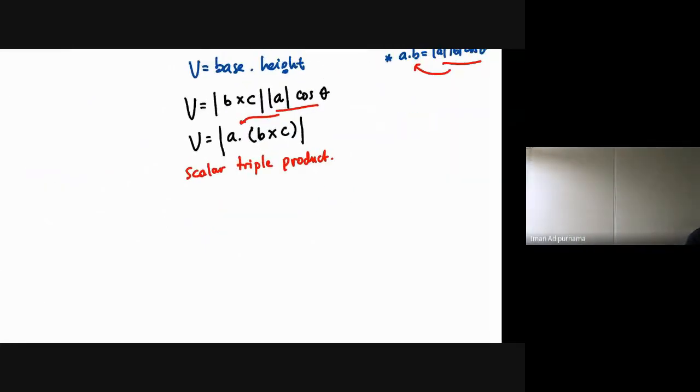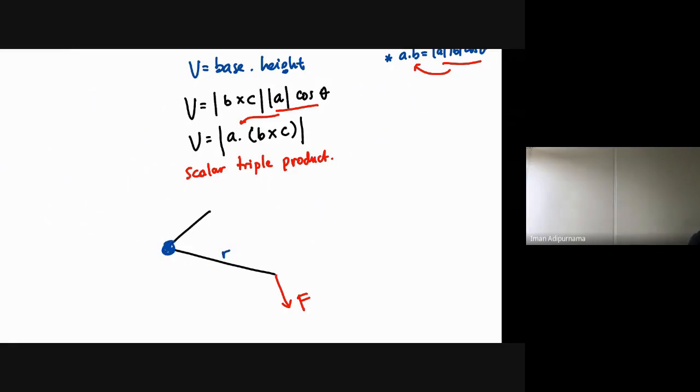I think the most obvious physics phenomenon is the torque, the torsion. So you have some force like that. You have a radius.